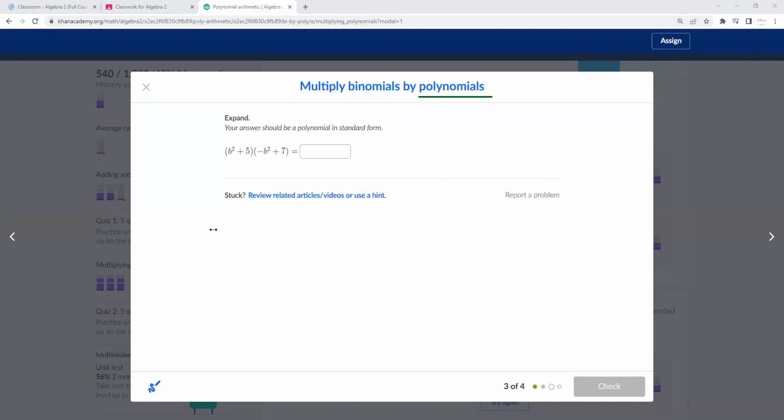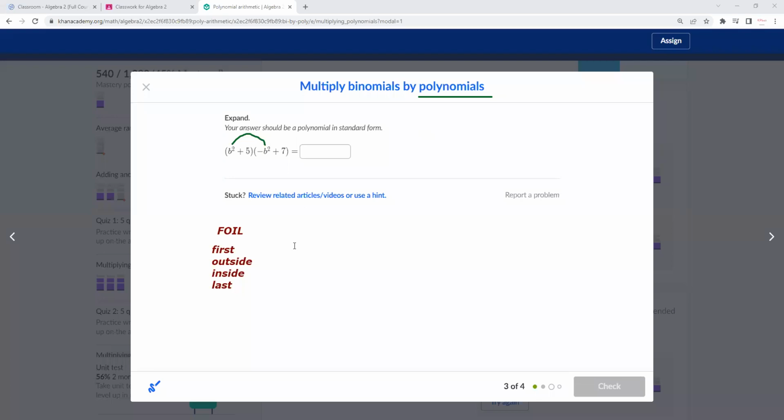Okay, so when you are multiplying binomials, you want to FOIL, it's called. And FOIL means to multiply the first two terms of each set of parentheses, the outside terms, the inside, and the last. So let's multiply the first two terms, which is b squared times negative b squared.